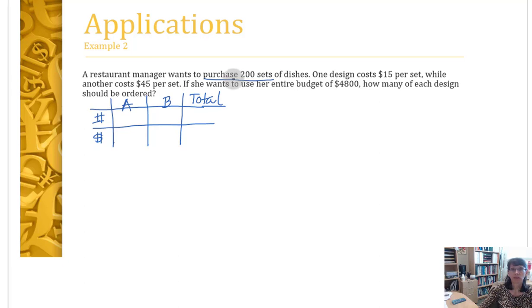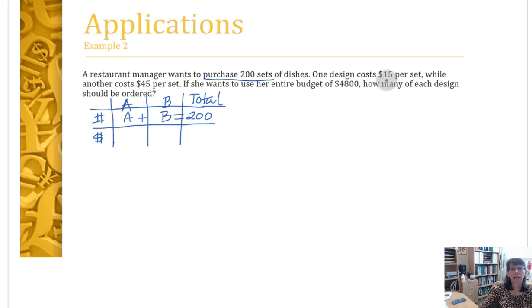So that number reveals the total. So our total number is 200, and that total comes from purchasing set A added to set B, and that should equal 200 sets of dishes. So we can already see one equation right there.